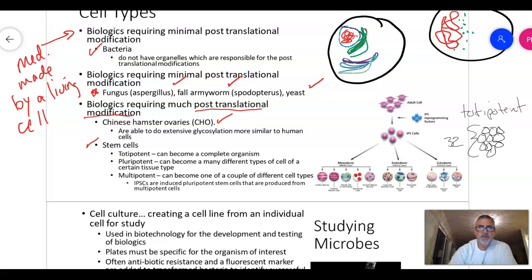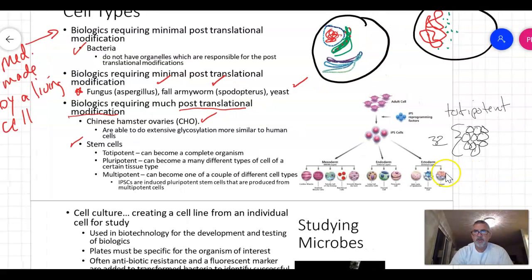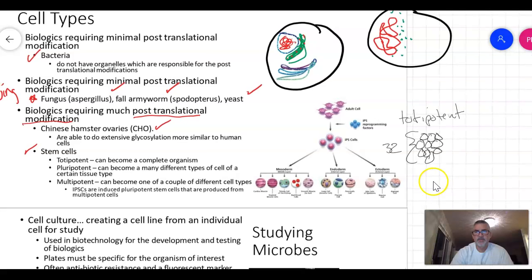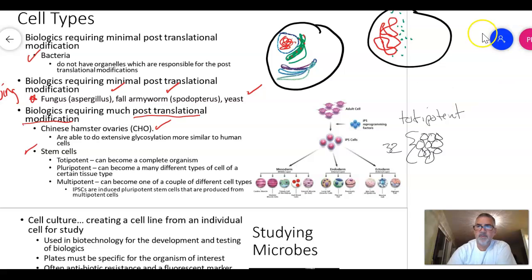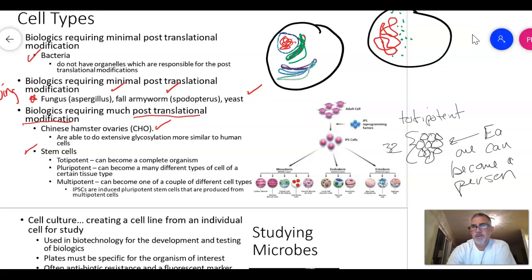But the question is, where do you get these cells to do research, and where do you get them for large-scale production? The problem with the totipotent cell is each one of these cells can become a person.